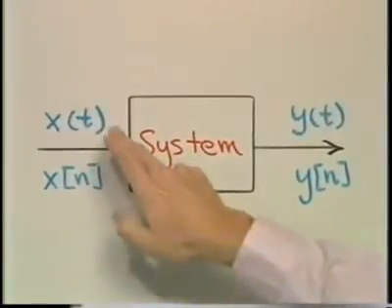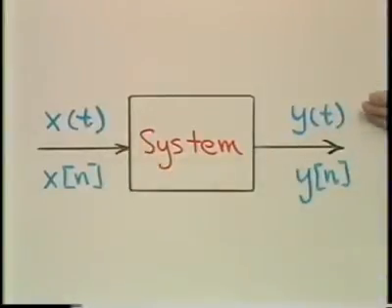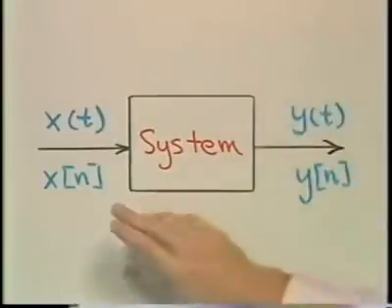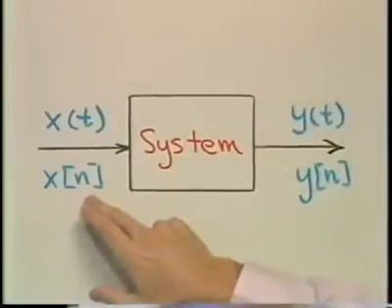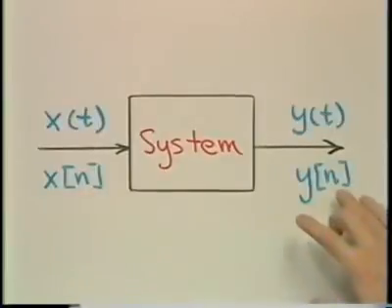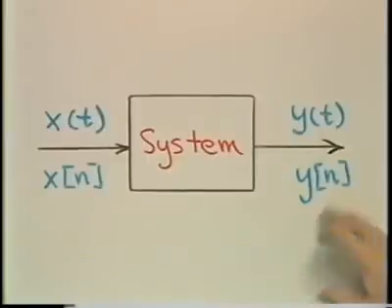So in the continuous time case, I indicate here an input x of t and an output y of t. If we were talking about a discrete time system, I would represent the input in terms of a discrete time variable and, of course, the output in terms of a discrete time variable also.